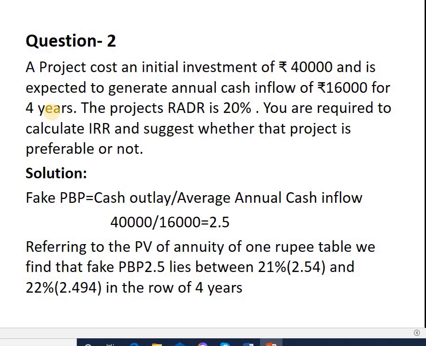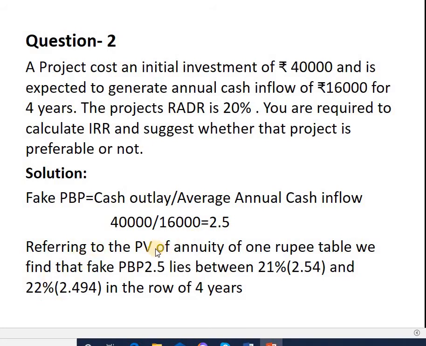Here we are using the trial method in internal rate of return. The fake payback period is cash outflow divided by average annual cash inflow. So 40,000 divided by 16,000 is 2.5.